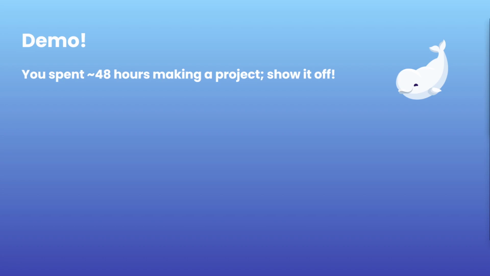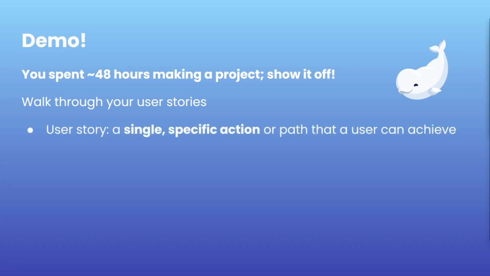So a good hackathon demo walks the viewer through all of the app's user stories. For those who don't know what those are, a user story is a single specific action that a user can achieve through the app, right? It's not necessarily the main focus of the application.